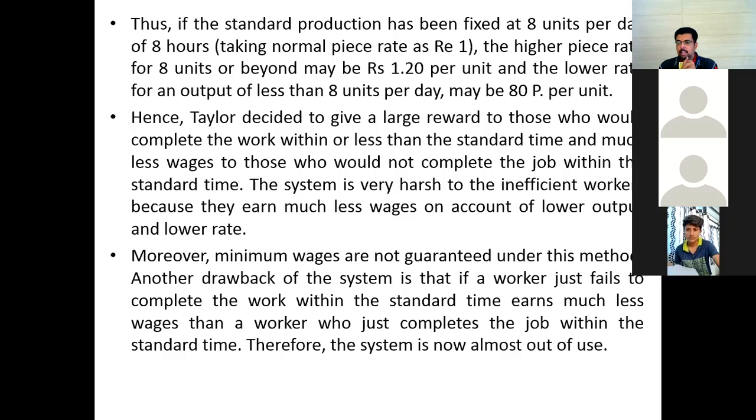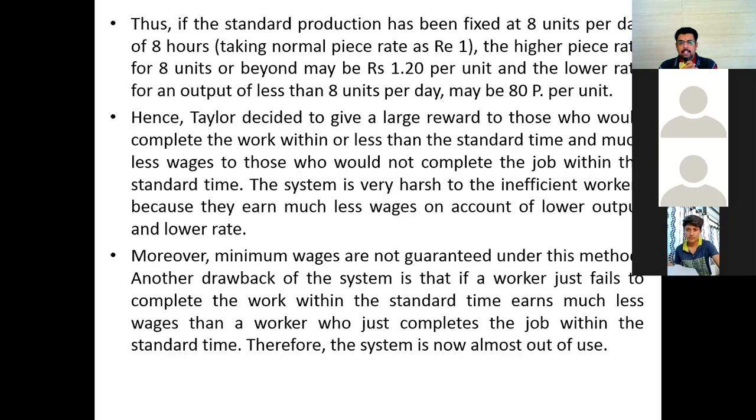Here, taking the normal piece rate as rupees 1, the higher piece rate for 8 units or beyond may be rupees 1.20. They will get 20 paisa extra. And the lower rate for an output of less than 8 units per day may be 80 paisa per unit.